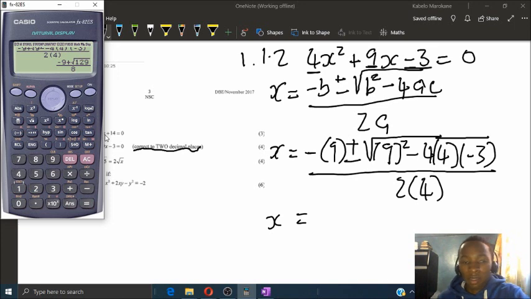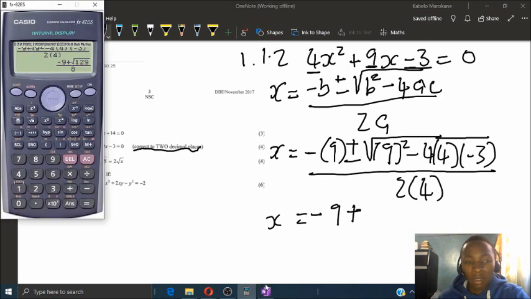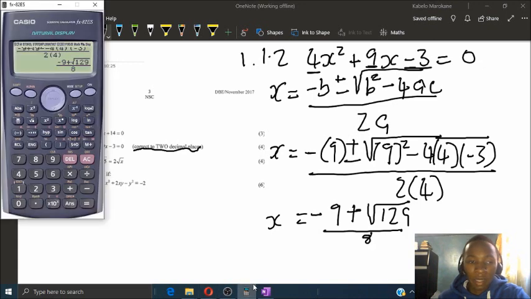So this gives us x is equal to minus 9 plus root 129, over 8. So let's check the negative part of the equation.